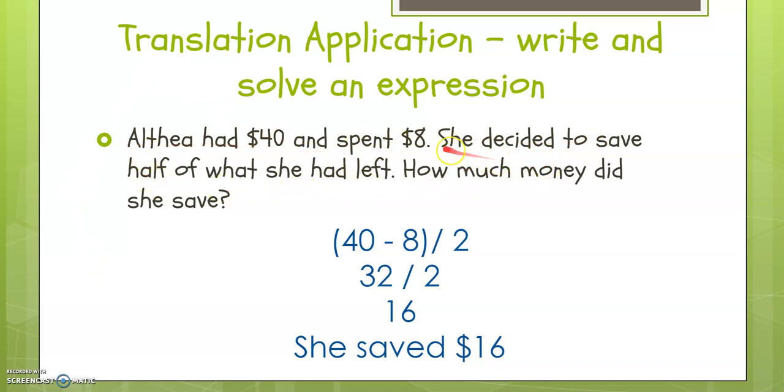Well, she can't save half until she figures out what she has left. So we have to do the 40 minus 8 first and get 32. She decided to save half. Well, saving half would be dividing by 2. So 32 divided by 2 is 16. She saved $16.